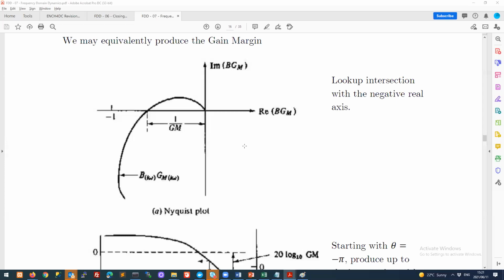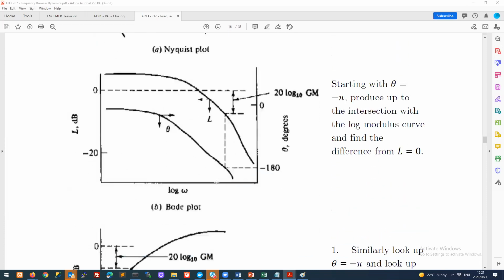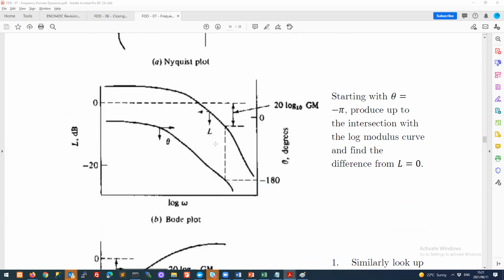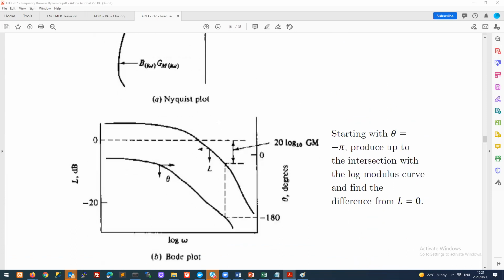Again, on this Nyquist plot, it's very clear. You can see your gain margin is a very clear indication about how close you come to -1, 0. And then to figure it out on the Bode diagram, we said it's the negative real axis.